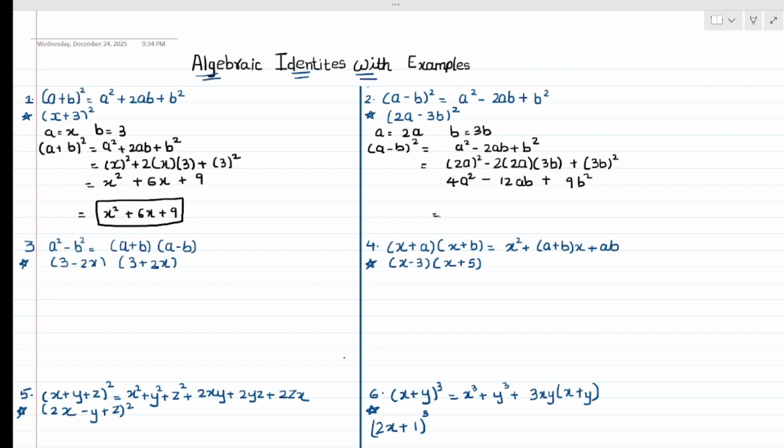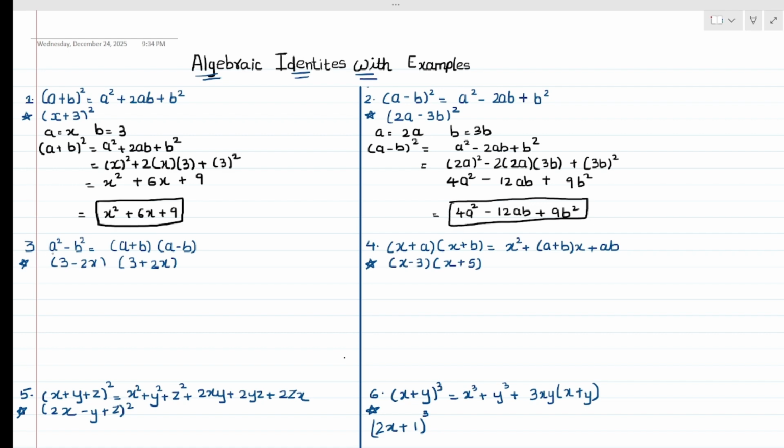So our final answer is 4a square minus 12ab plus 9b square.